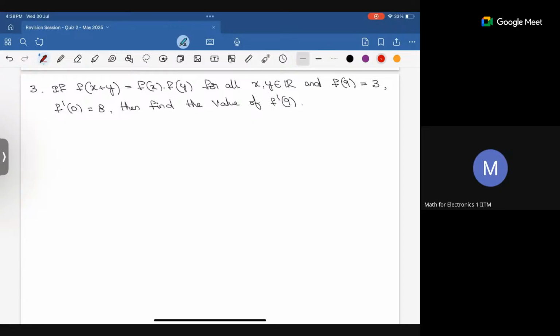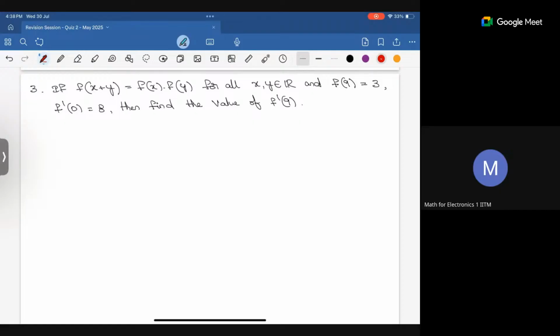And f of 9 is 3 and f prime of 0 is 8. All we need is to find the value of f prime of 9.